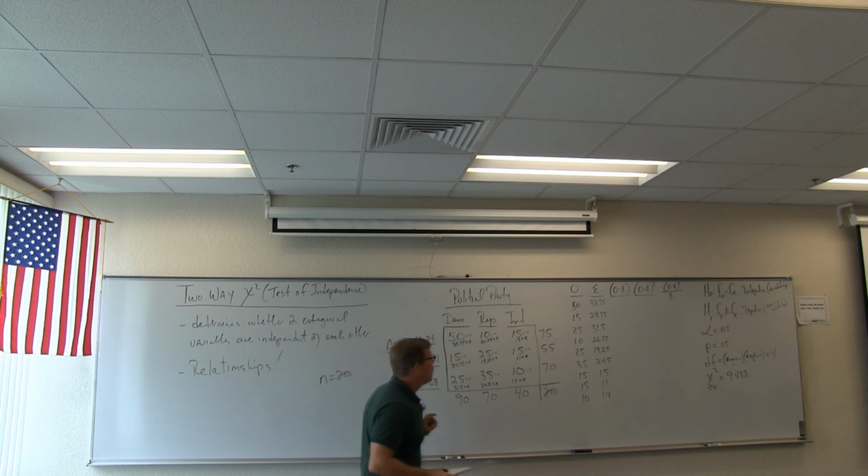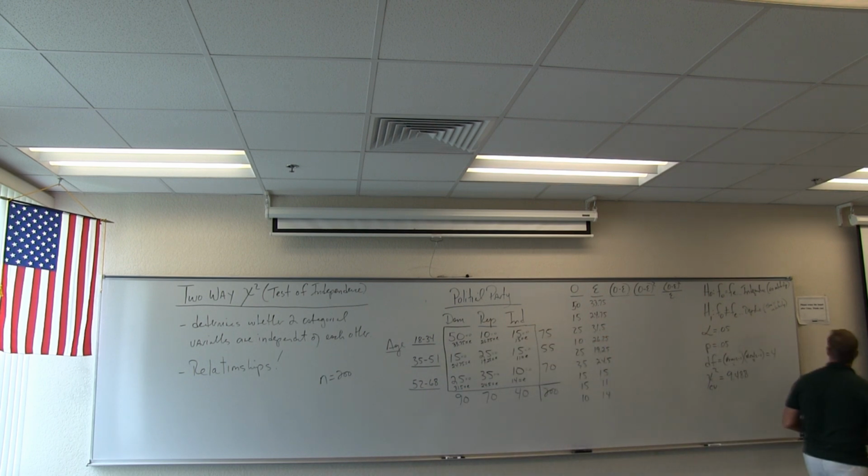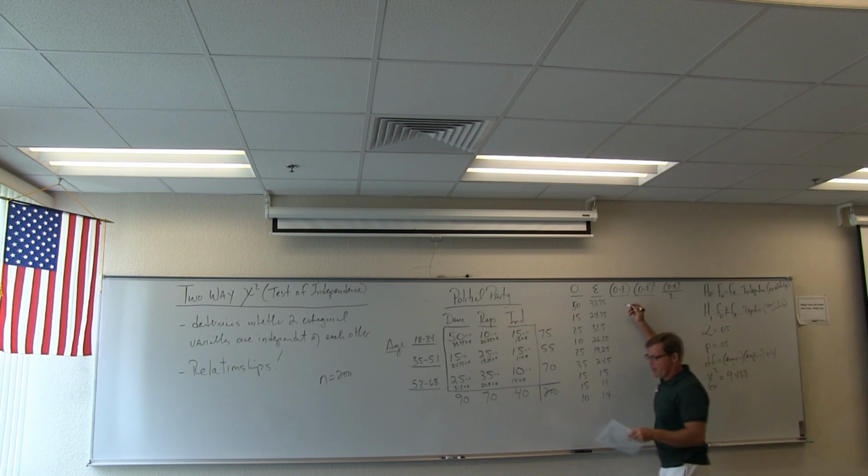And then we do what this thing tells us to do. O minus E, 50 minus 33.75 is 16.25. 15 minus 24.75 is negative 9.75. Negative 6.5. Negative 16.25. 5.75. 10.5, 0, 4, negative 4.